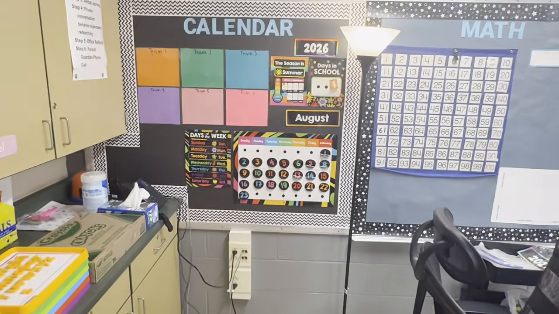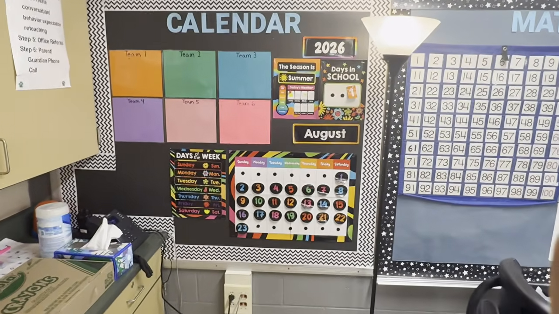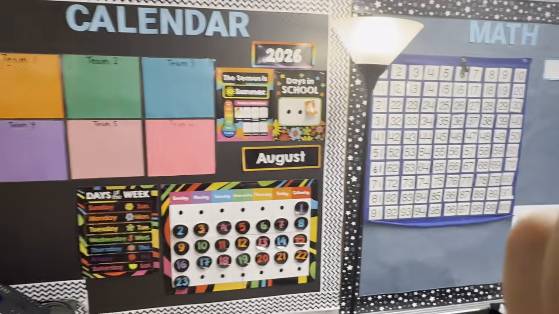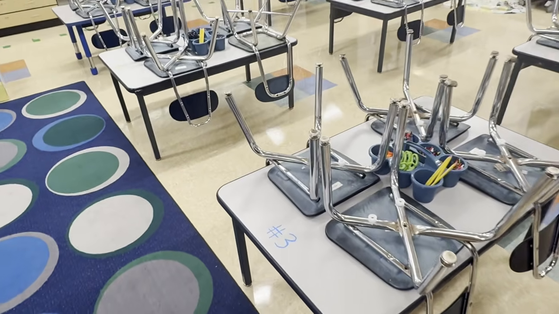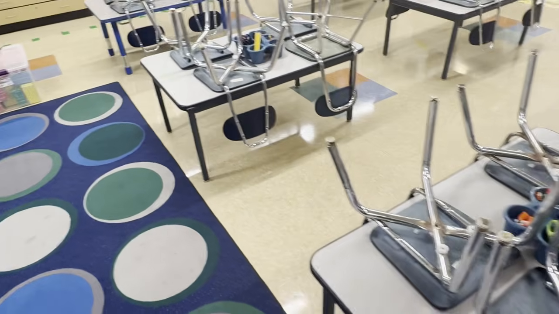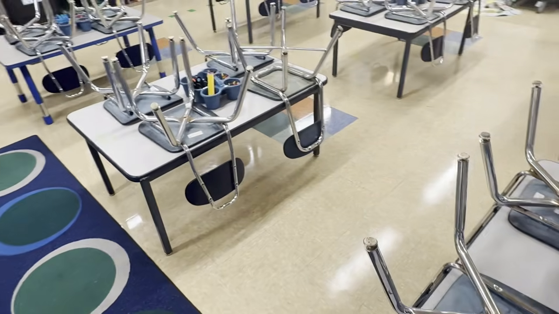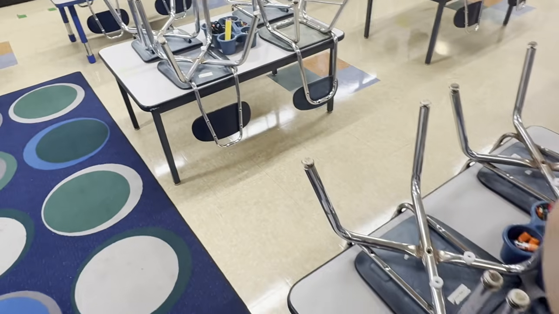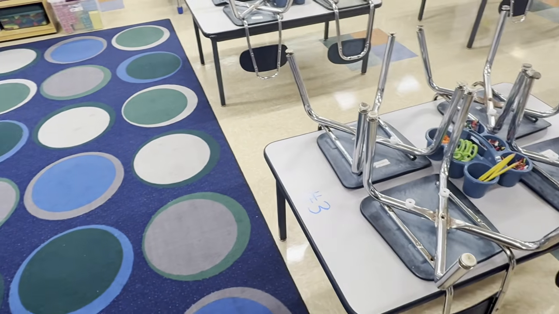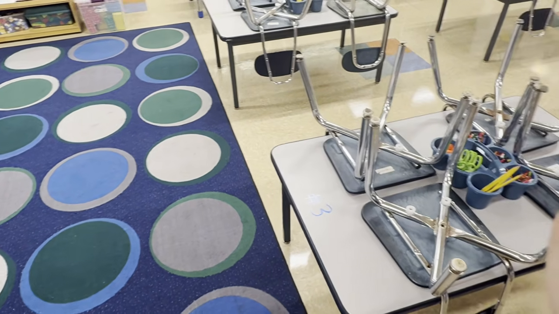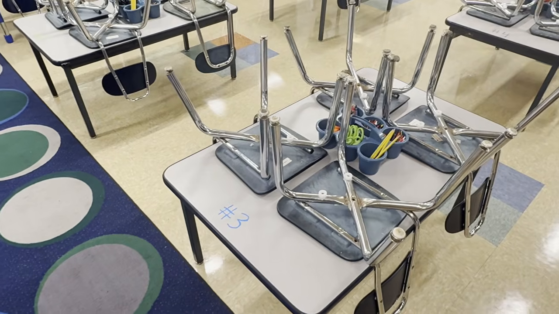Here's my calendar right here, which has their team point cards. Every table has a number and a color that matches, and each table is considered a team. I do a lot of class discussions in my instruction, and so they get to work as teams to have those discussions.